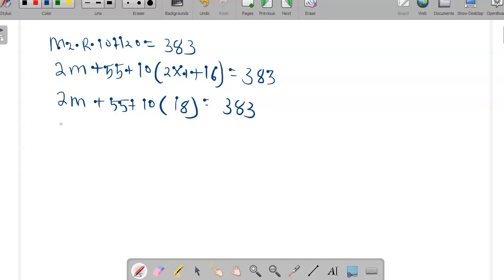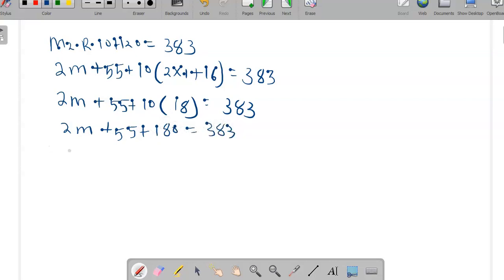Then here 2M plus 55 plus 10 times 18, 180, is equal to 383.